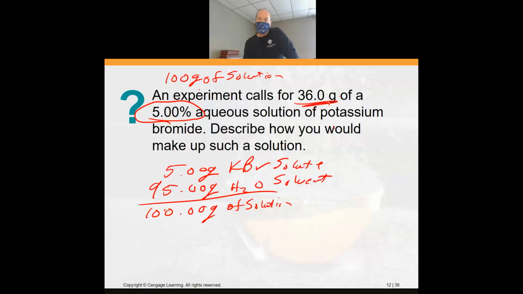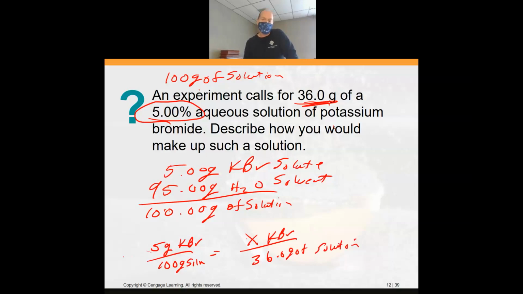But we want to make 36 grams, not 100 grams. You need 5 grams of KBr to make 100 grams of this solution. The question is, how many grams of KBr do we need to make 36 grams of this solution?